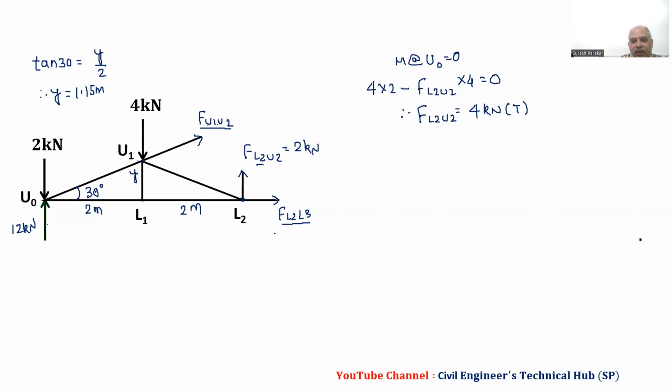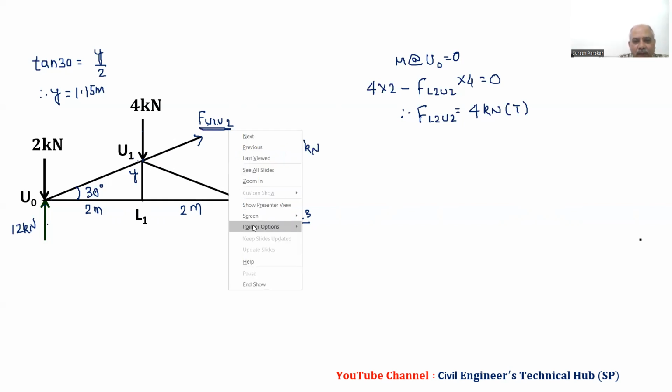Now we have to find the force in members L2L3 and U1U2. We have only one unknown in the vertical direction, because this member is in the horizontal direction, so we have only its component in the vertical direction as unknown.